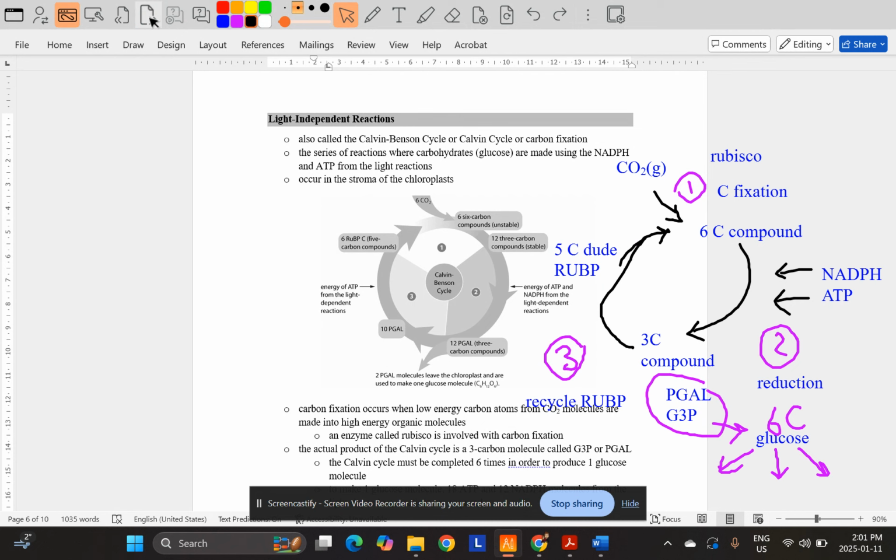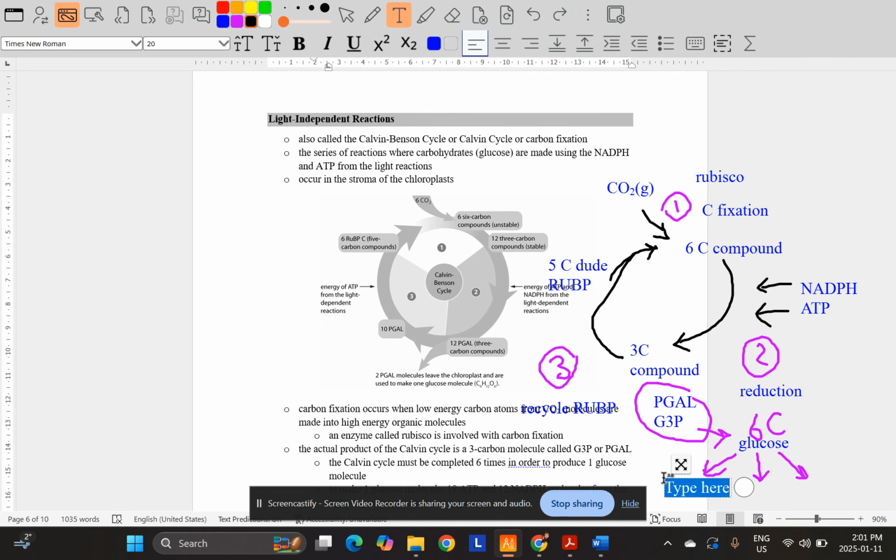But there are different fates for the glucose. It can be changed into whatever the plant needs it for. It could be used for cell respiration, because remember, plants also have cell respiration happening in the mitochondria, making energy for the plant. The glucose can be made into sucrose, a sugar found in plants.